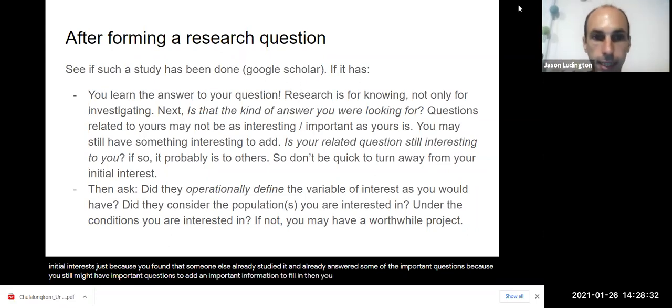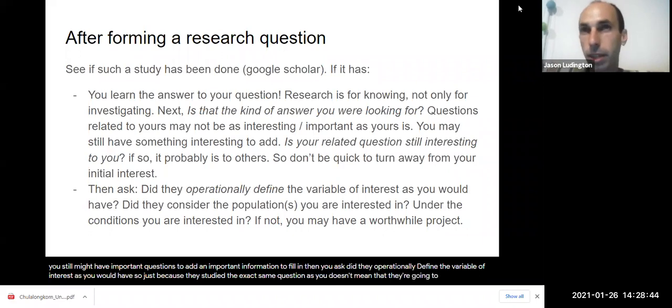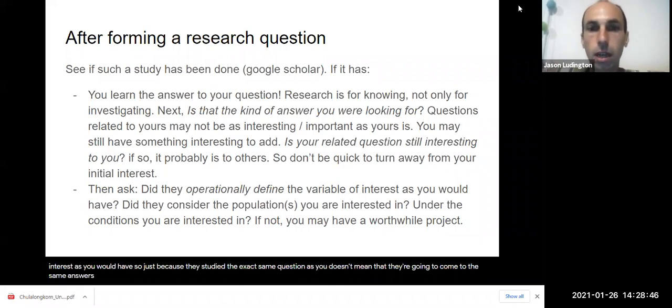Then you ask, did they operationally define the variable of interest as you would have? Just because they studied the exact same question as you doesn't mean that they're going to come to the same answers, because they may have operationally defined the variables in a way that's different than you would have, or that is interesting to you.